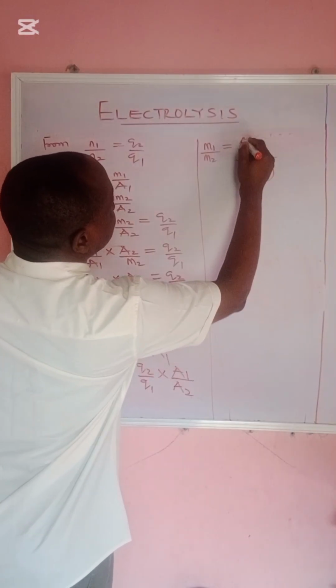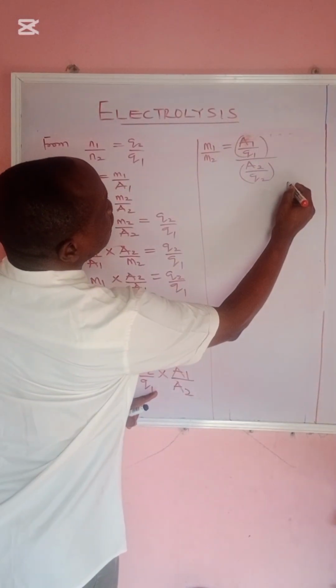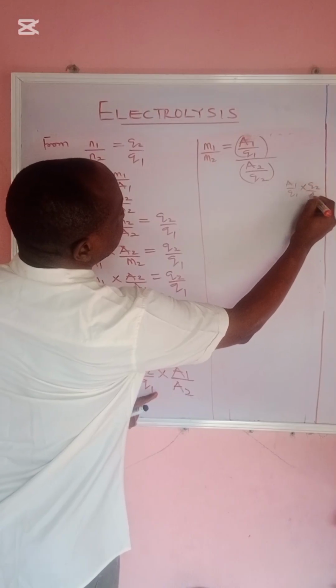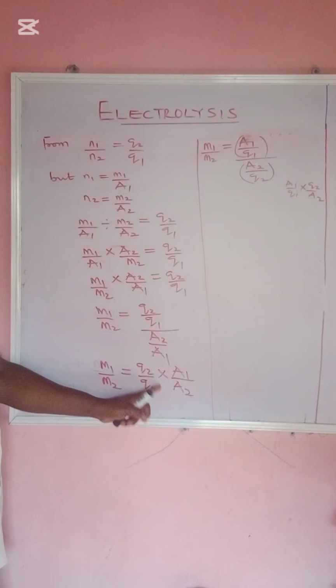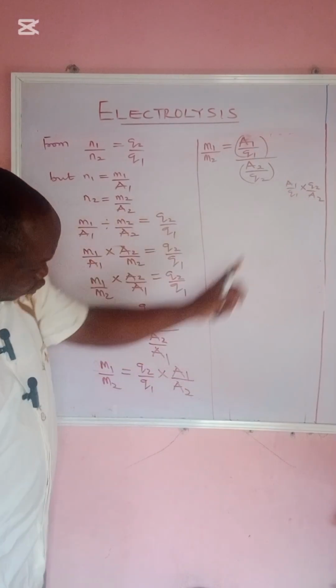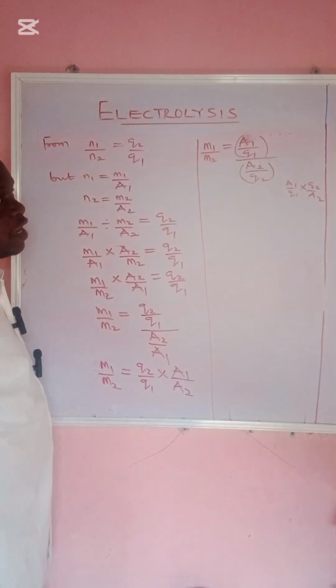When you simplify this, you are going to get the same thing. Remember that this one will be A1 over Q1 times Q2 all over A2. It is still the same thing as this: Q2 A1, Q2 A1, Q1 A2. So this expression and this expression are the same.